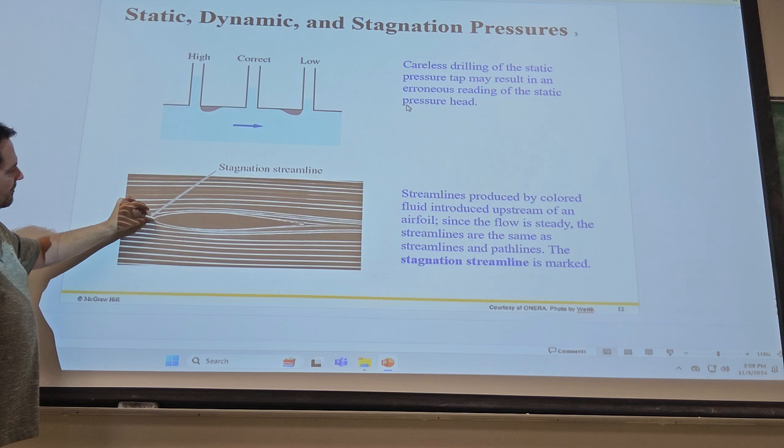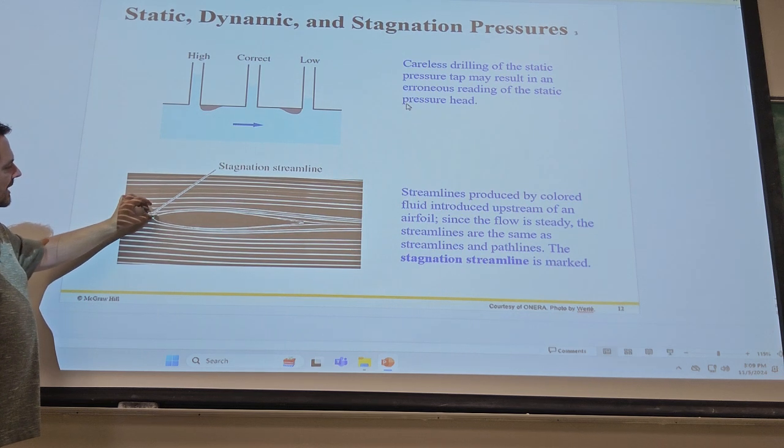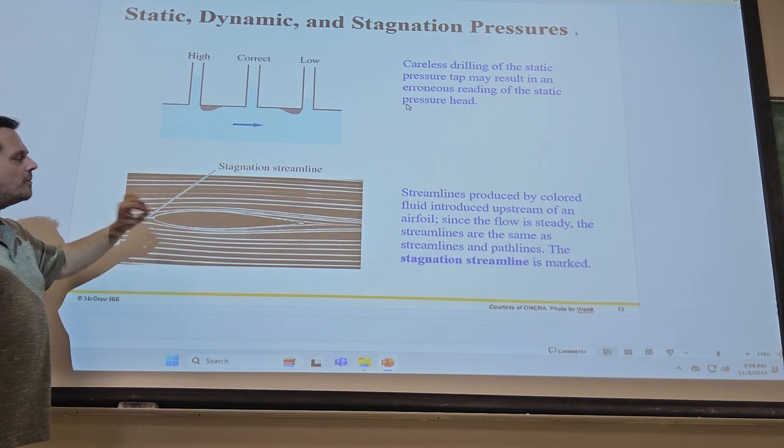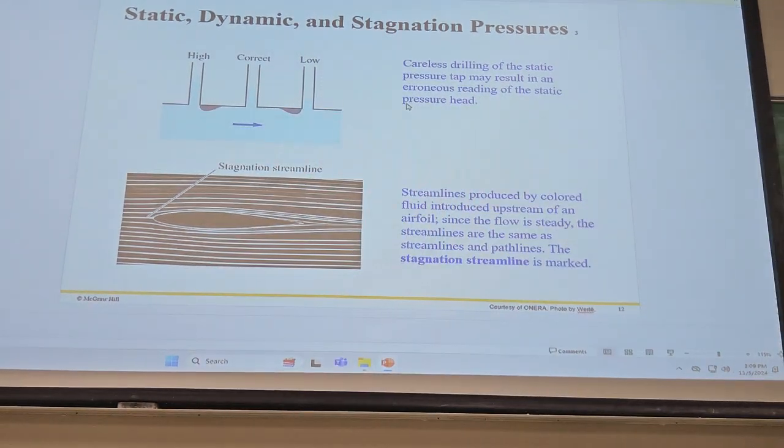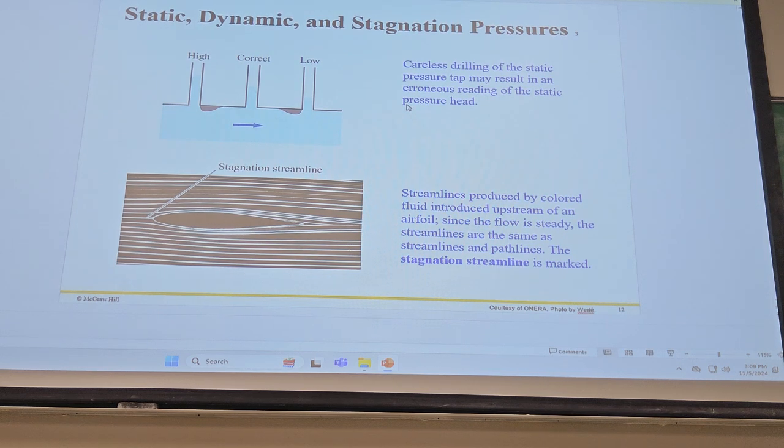Now, at the point of contact between this streamline and this object, what do you think will be the velocity of the particle at that point of contact? Zero. Okay, instantaneously.